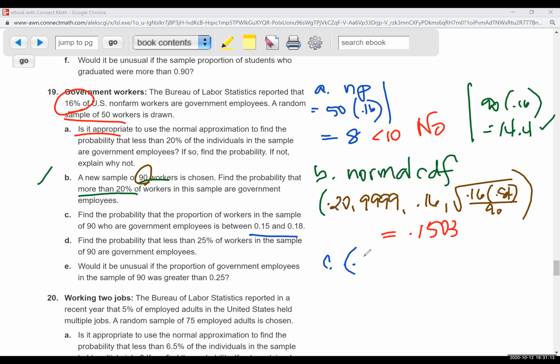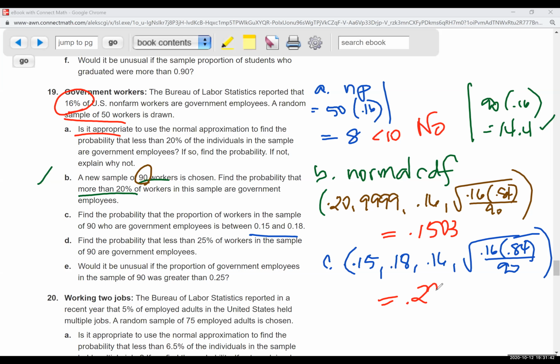You already have the lower and the upper, and you have the mean and the standard deviation. 0.2997. That is correct.